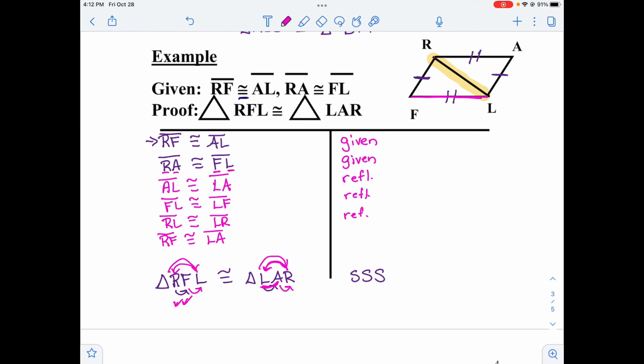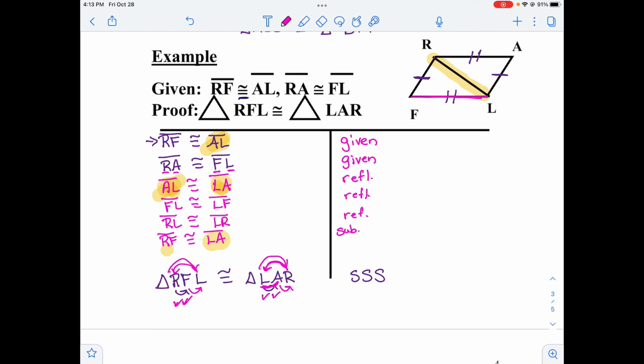Well, if we think about LA, and we go up here and look where LA was, and what originally RF was, it was at AL, we can see that these two here and here are alike, and we use reflexive property to see LA. So now we're saying RF is congruent to LA. We are using substitution. So now we have those accounted for.